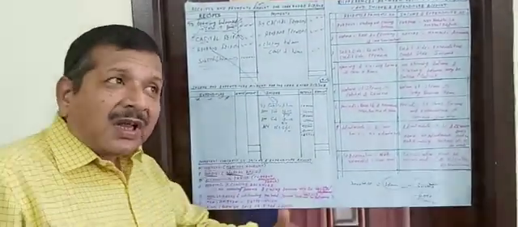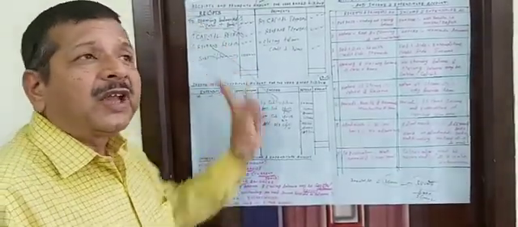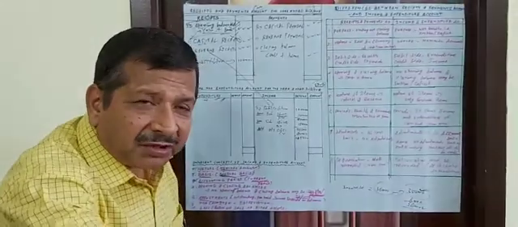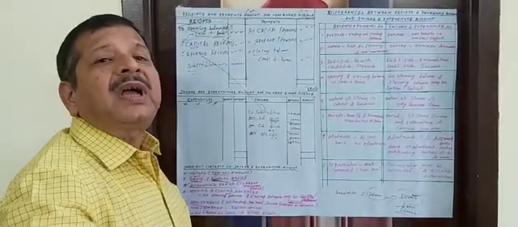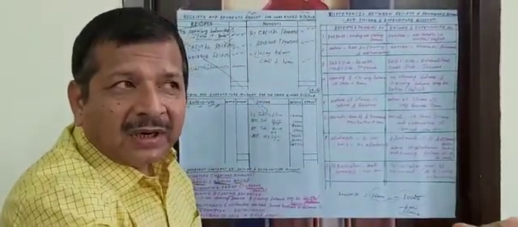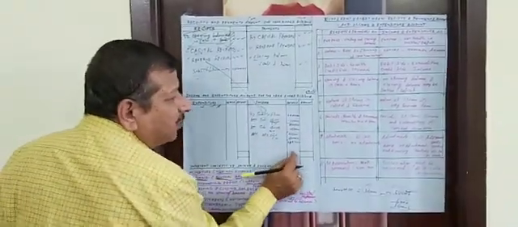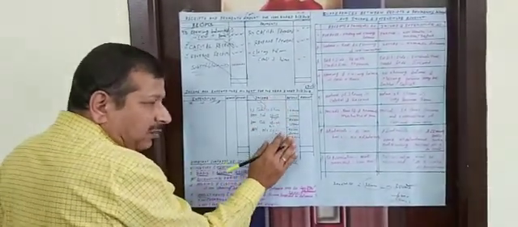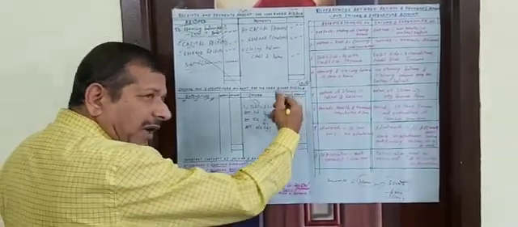That is why subscription for this year received last year in advance is to be added. Subscription received in advance this year belongs to the next year, so that money has to be subtracted. Like that, some items we have to add, and some items we have to subtract.